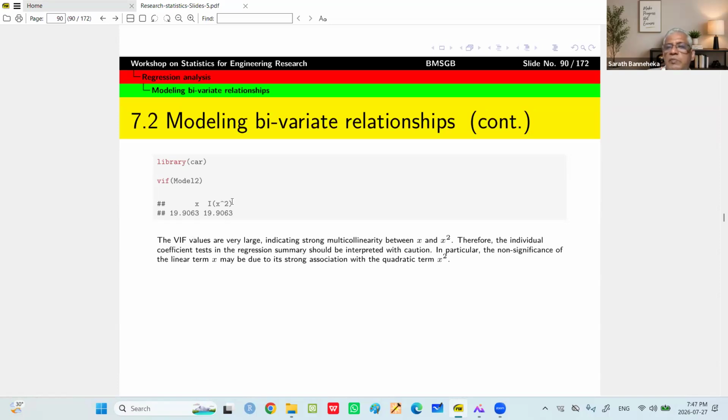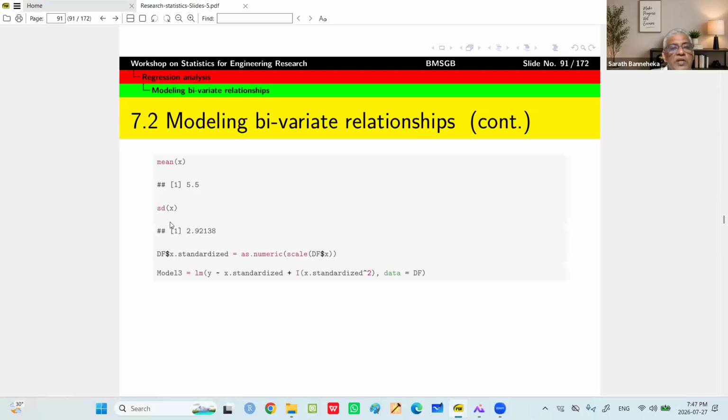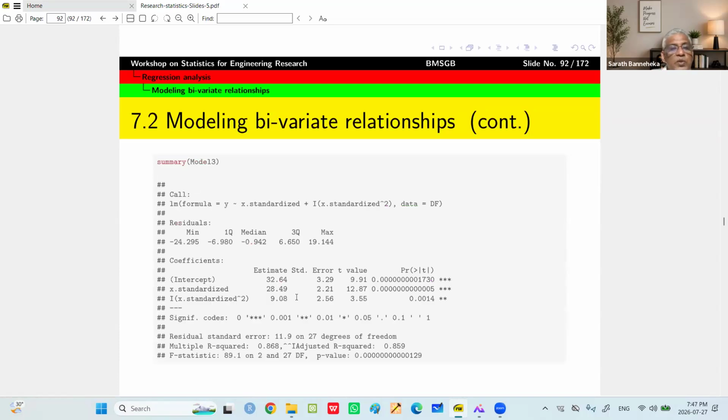So x will be converted into z, where z is equal to x minus the mean of x divided by the standard deviation of x. Then instead of x square, you will be considering z square. That's what I have done here: calculated the standardized x and fitted the third model for y using the standardized x value and its square.